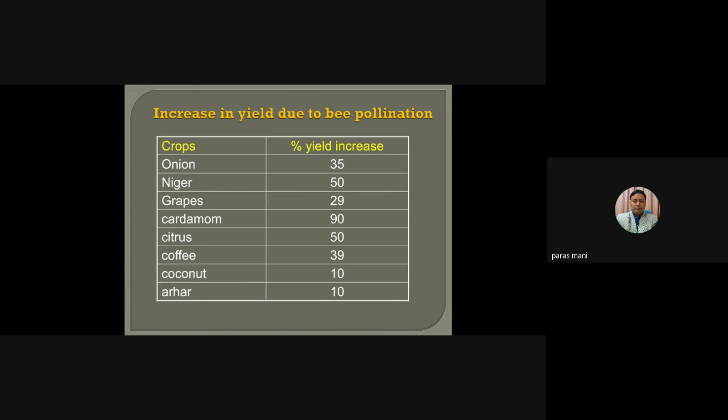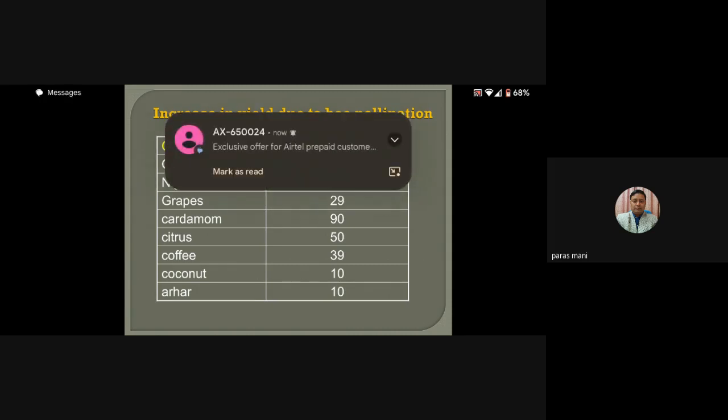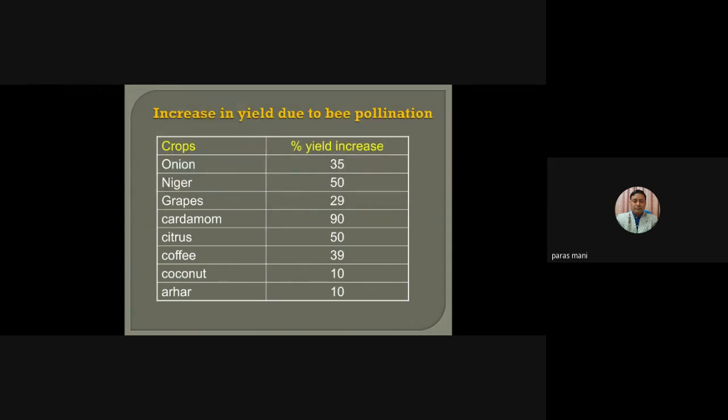And in coffee, we have different species. There is one species called Robusta. Robusta is one species which needs higher cross pollination. And there is another species called Arabica, which is mostly self-pollinated, which has very little influence of honeybees.